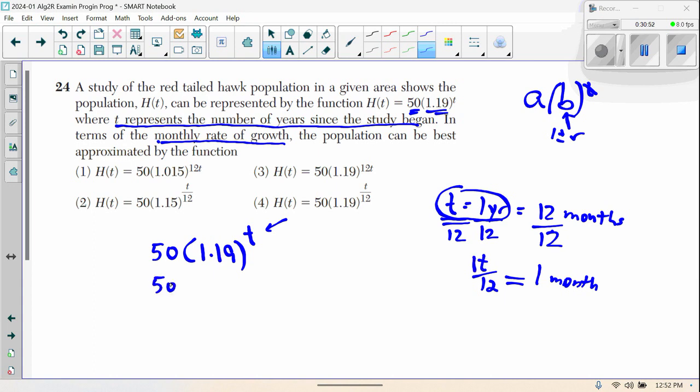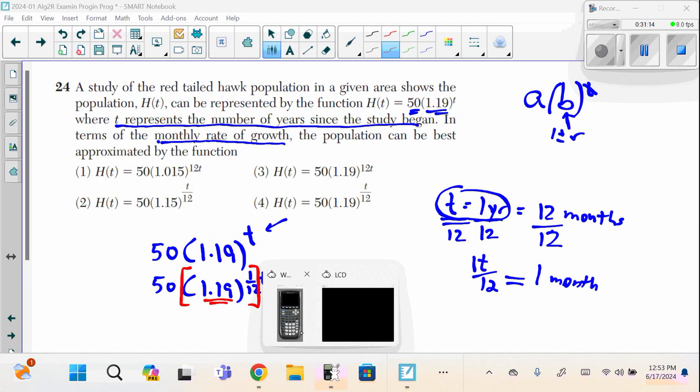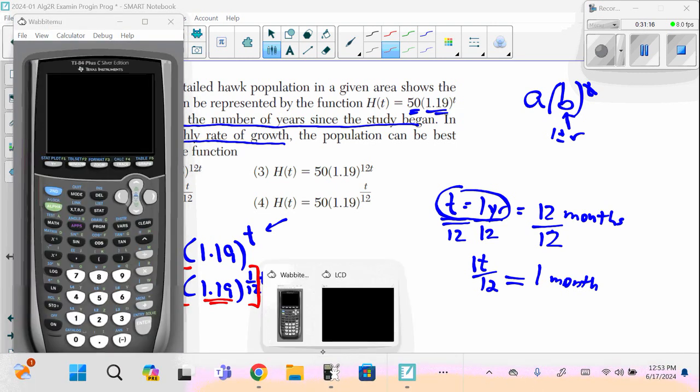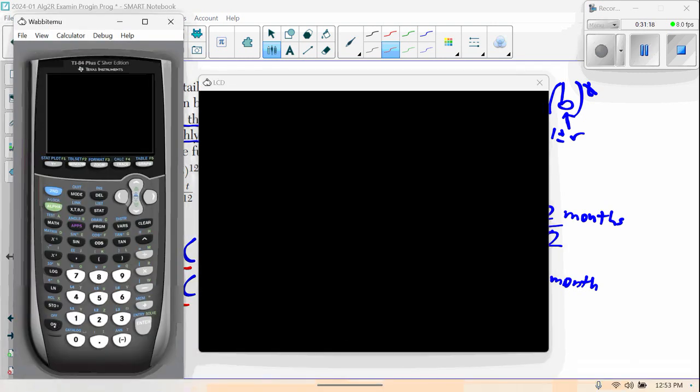So I got 50 times 1.19, 1/12 of a year is a month. But now I want to, the interest rate isn't going to be the same. I got to do it in months. Well, in this case, I guess it would be population growth or decay. I take that 1/12 and I actually apply it to this. So in my calculator, because I just want the exponent to be the variable, okay?